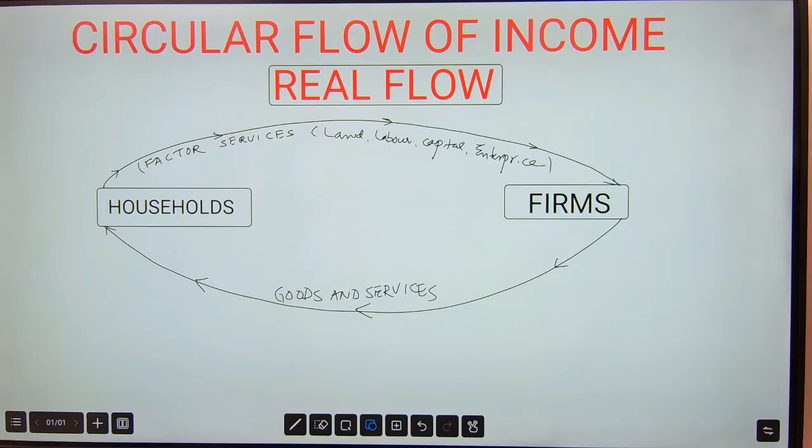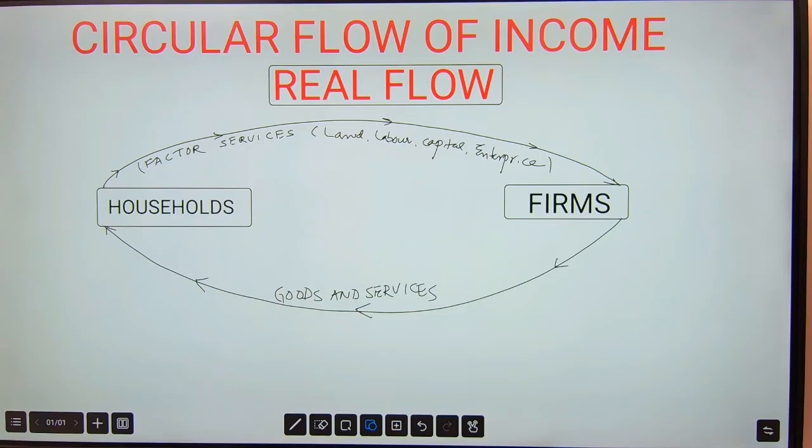Households are the owners of the four factors of production: land, labor, capital and enterprise. They provide these factor services to the firms, and in return, the firms give them goods and services. Real flow takes place in both directions.